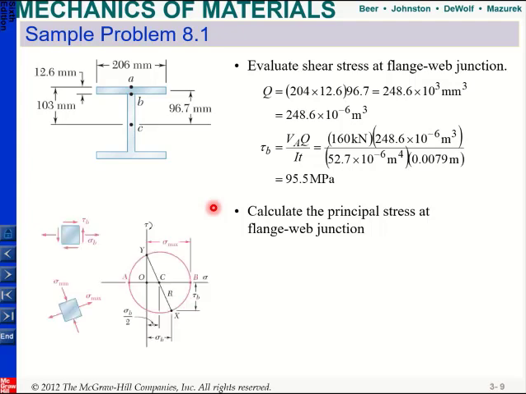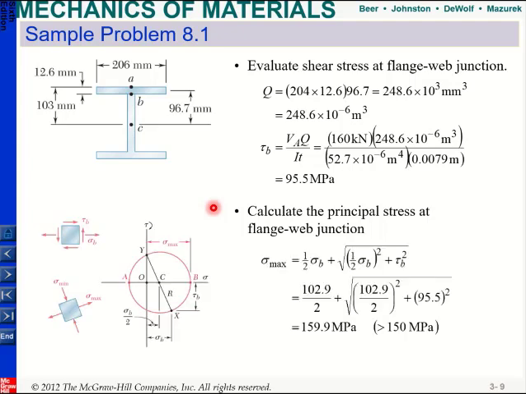It's basically my average, which is 1/2 times my normal stress at B, plus, normally it's 1/2 times sigma B minus sigma Y, but I don't have any stress on the Y axis, so it's basically just this one, times the shear square. So if you do that, you will find that your maximum stress is equal to 159.9.